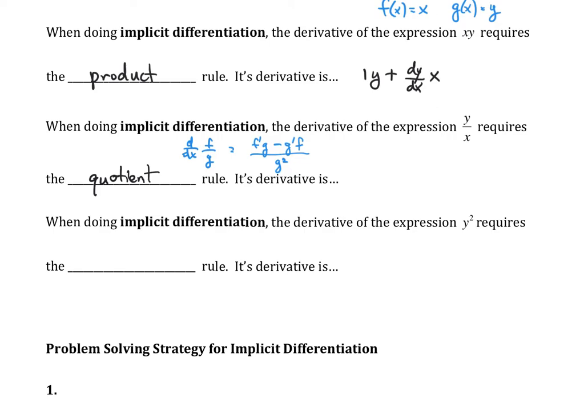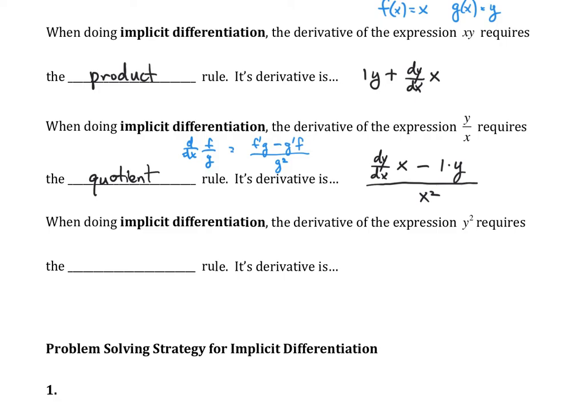So when I calculate the derivative of y over x, the derivative of the top function is going to be dy dx. I keep the bottom function, which is x, minus, I take the derivative of the bottom, which is 1, and I multiply by the top function, which was y, all divided by the bottom squared, which is x squared.